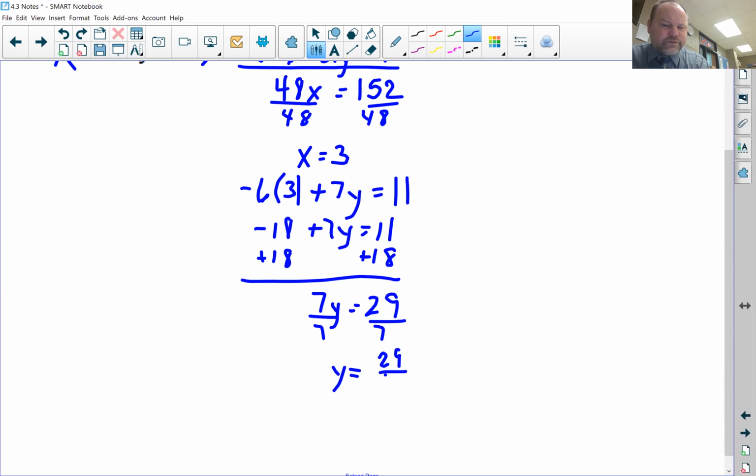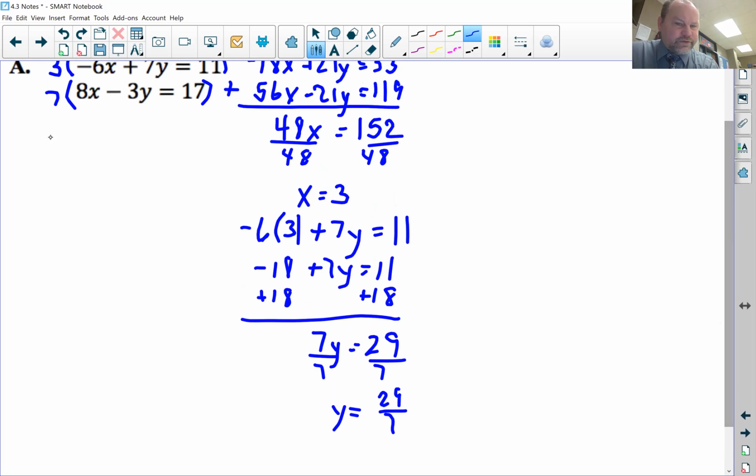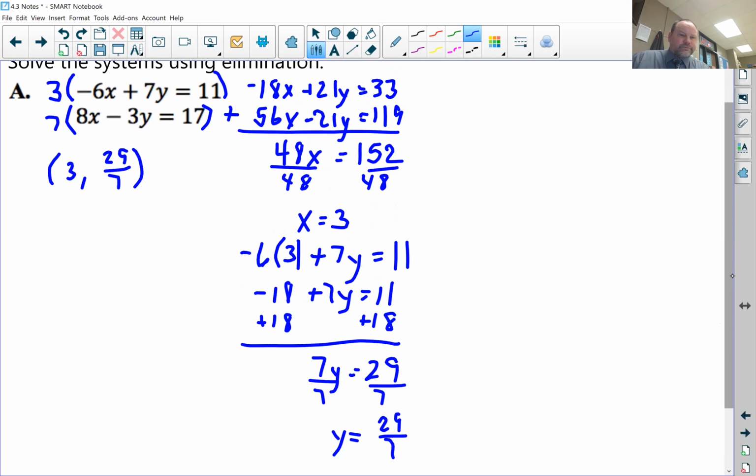Y equals 29 over 7. All right, so something looks a little off, but that's why we can check our solution.